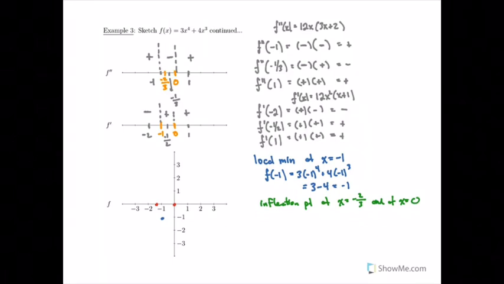I need to go out to infinity as x gets smaller. So this is going to look something like this. Then from -1 to -2/3, we're going to be concave up and increasing.